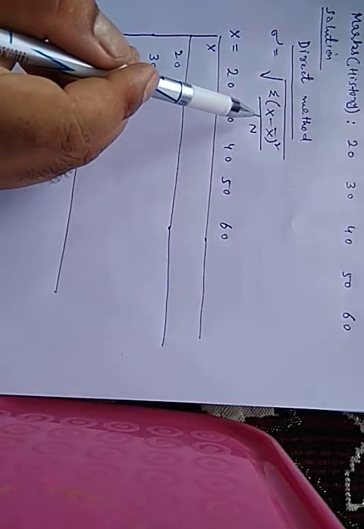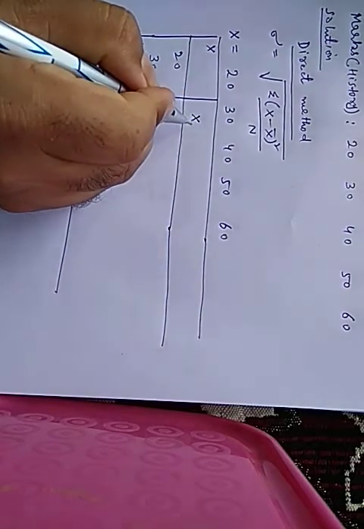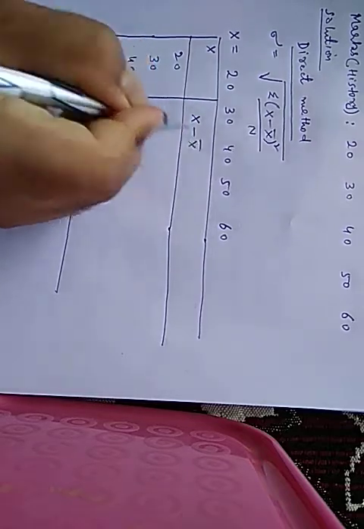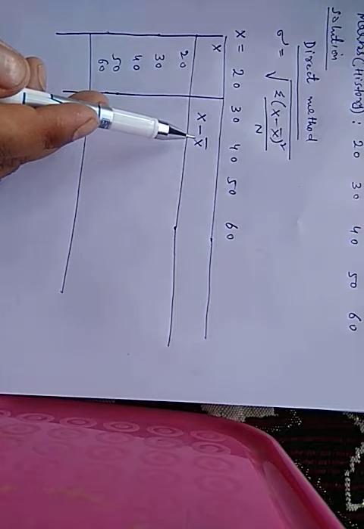Now next column will be x minus x bar, where x bar means arithmetic mean.